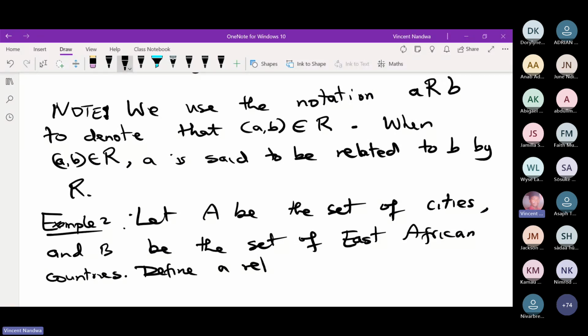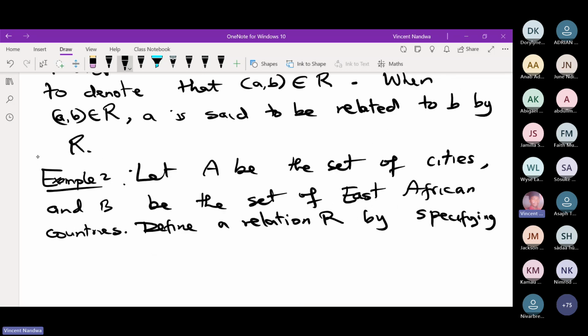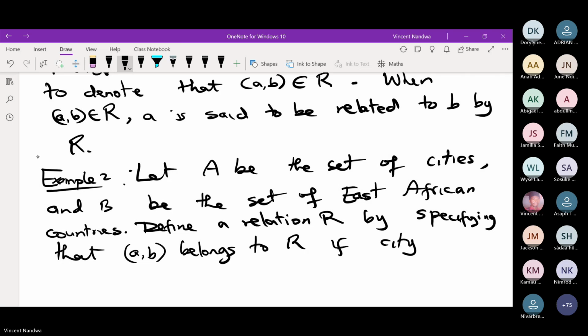Define a relation R by specifying that (a, b) belongs to R if city a is in country b.